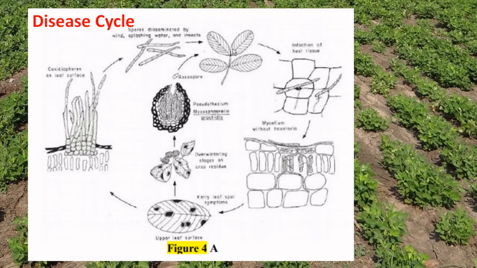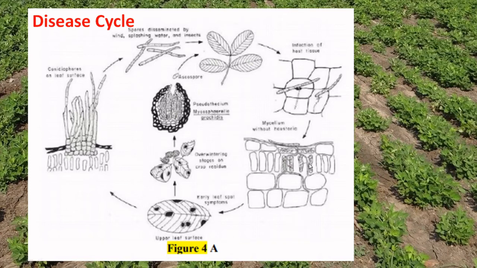Its conidia land on the surface, and by means of natural openings like stomata, the infection progresses. The conidia germinate and progress toward the inner tissue below the epidermis, and in the spaces present there the mycelium starts to develop and colonize. Here you have to focus on this particular structure of mycelial progress.